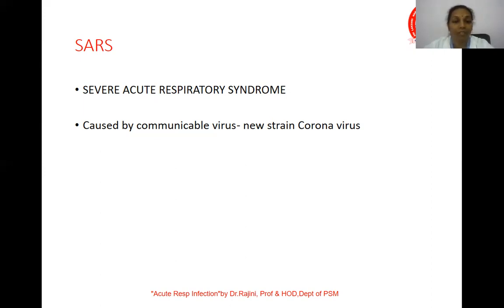Any infection can cause this acute respiratory distress. This is commonly caused by a new strain of virus. Now a new strain has also come, the coronavirus. Originally we had SARS, influenza, swine flu, and all those things. Now corona has also been added to the infections.